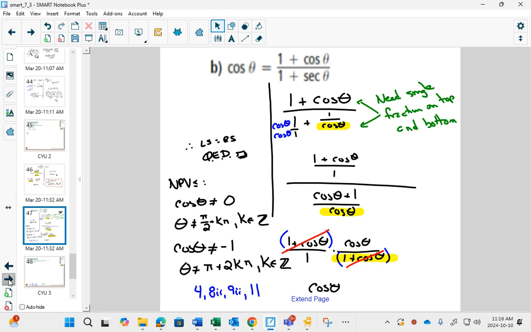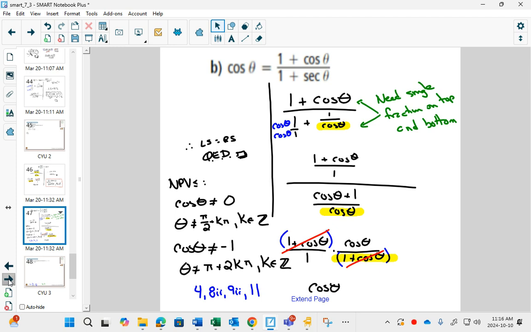And the zeros of cos theta were pi over 2 plus k pi, where k was an integer. This is from chapter 6. I also would have that cos theta can't equal -1. That happens at pi. And then if you write everything coterminal with that, like a general solution, you get pi plus 2k pi, where k is an integer.